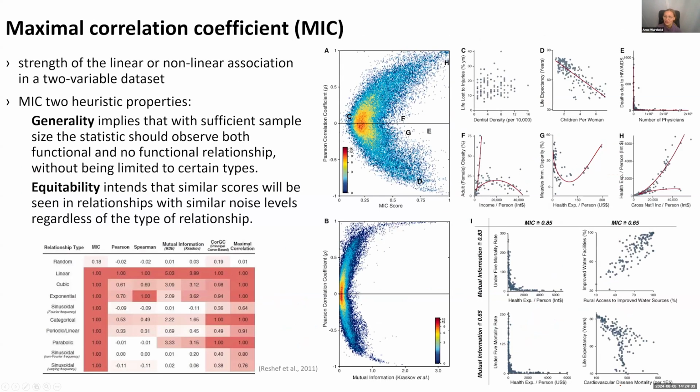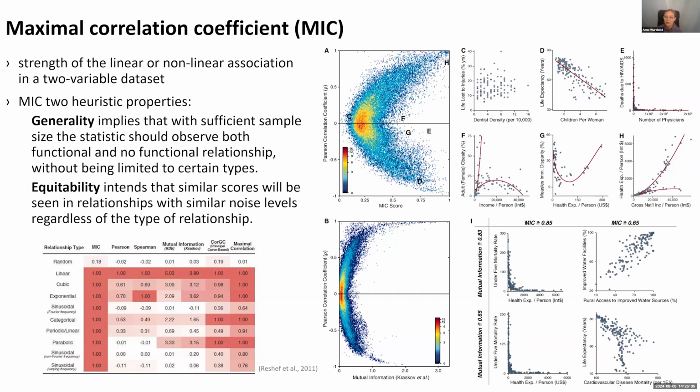But what if you don't have a linear or a nonlinear association, or you just don't know what association you have? Well, also here you have definitely several options out there. If you're moving to a relationship type that might be exponential, cubic, or parabolic, or you just don't know, you can go for the mutual information coefficient, or for a Hoeffding D correlation coefficient. What I have used, for example, is the maximal information coefficient.